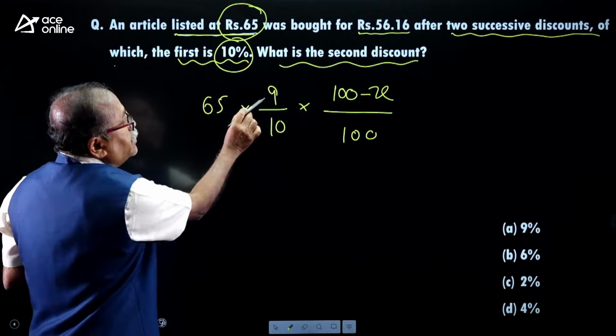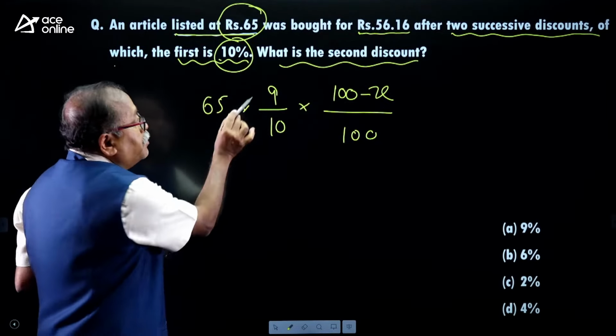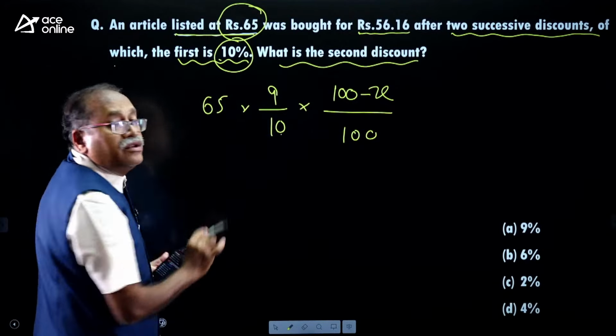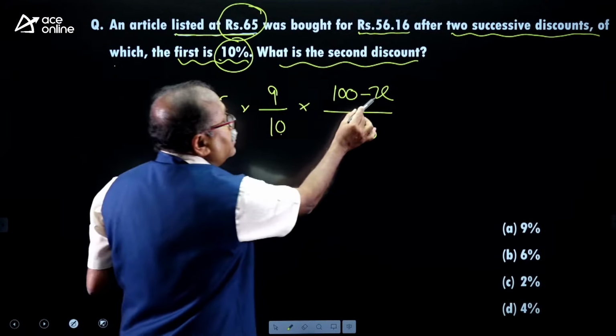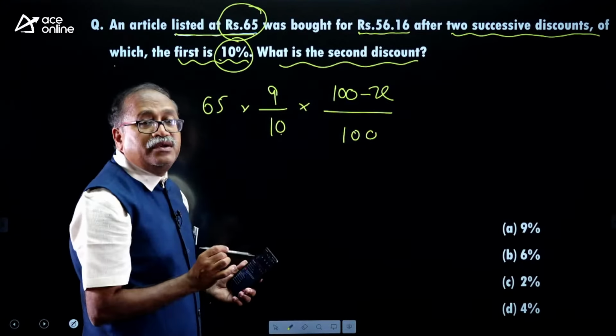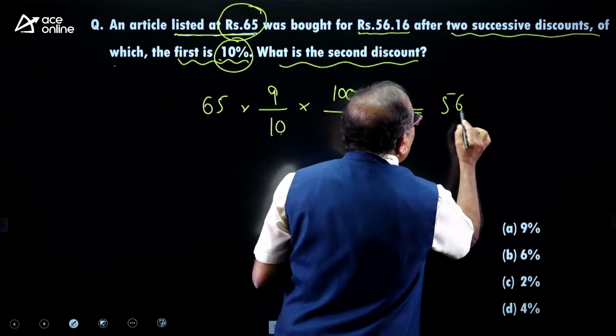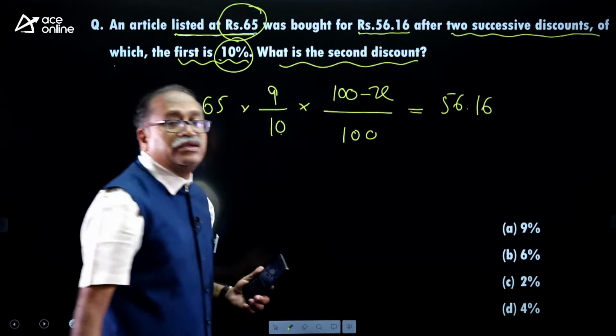As in the first case, 100 minus 10, 90%, 90 by 100, 9 by 10. The same thing is in the second case, the discount is x, then 100 minus x by 100. And the end value, the selling price is given to us as 56.16, my dear young friends.